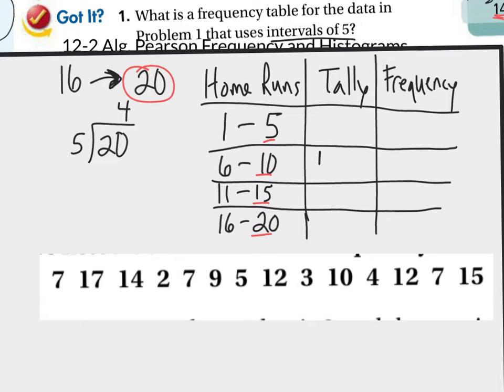So like 7 goes in this group. And you can just cross them off as you go if you want, or you can just keep track of where you're at. Obviously, if this is in your textbook, then you're probably not going to want to cross them off in your textbook, but if it was on a test, you could do that if you wanted.